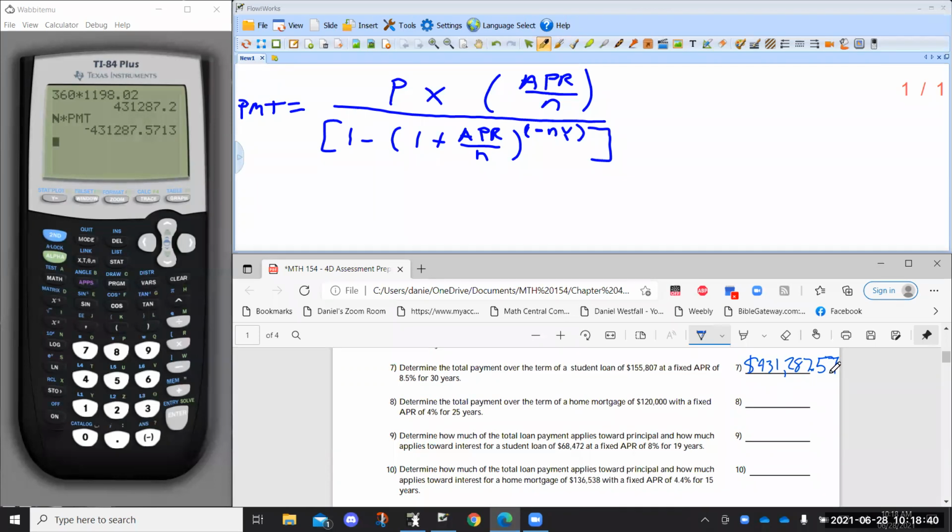So little errors like that add up to big things, so you have to be very careful with accounting.